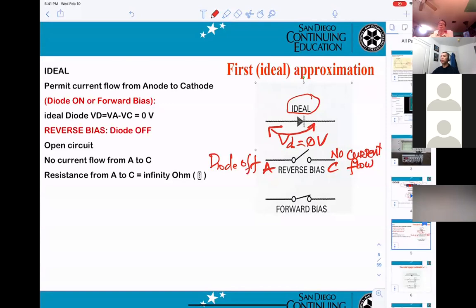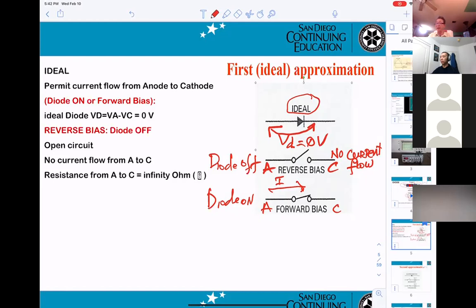No current flowing from A to C. And this is the forward bias, meaning the diode is on or conducting, and the current is able to flow from A to C. If you're reading, they say a diode on is forward biased.